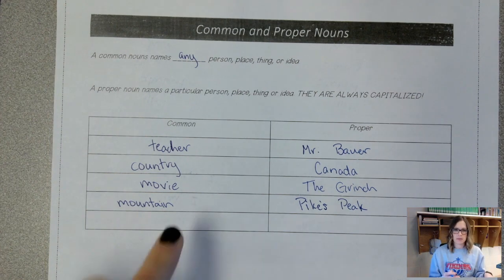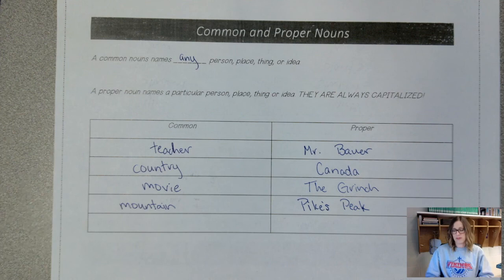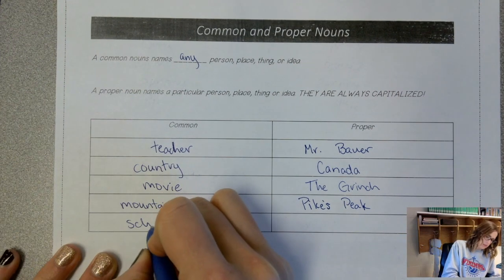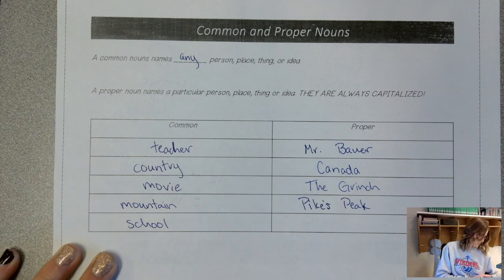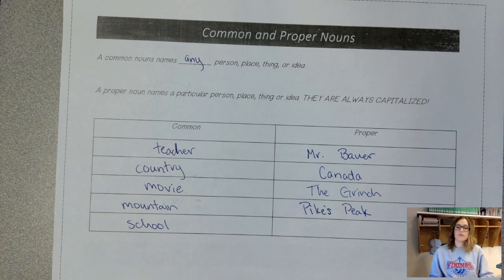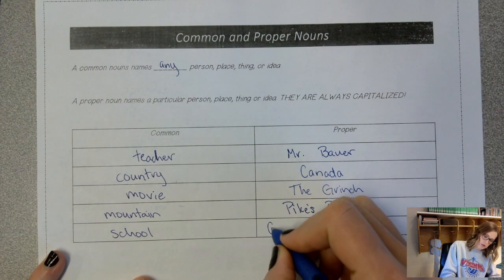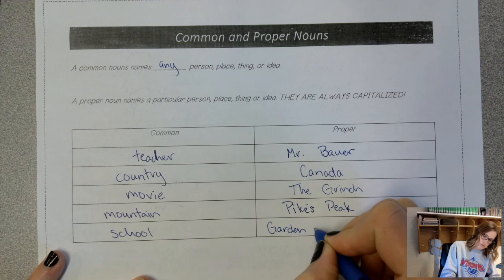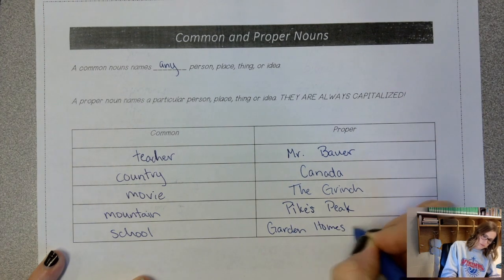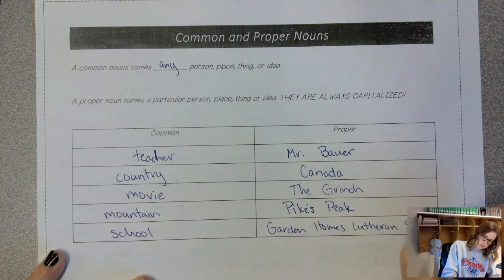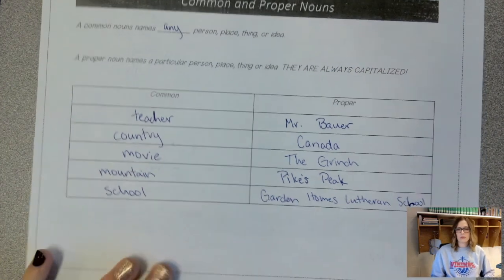If you're saying lowercase mountain, I can refer to anywhere. Last one, let's do school. Could have any school. Proper noun would be Garden Homes Lutheran School. All right?